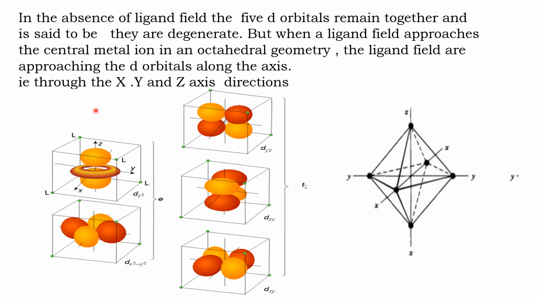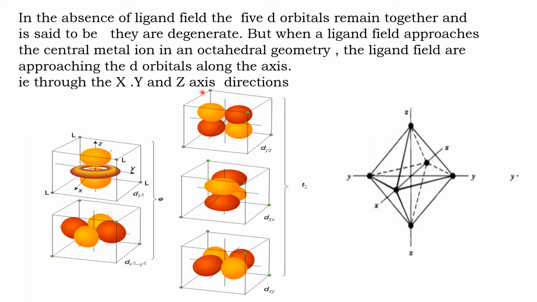So when there is no field produced by the ligand, these 5 orbitals remain together without splitting, and that state is called the degenerate state.